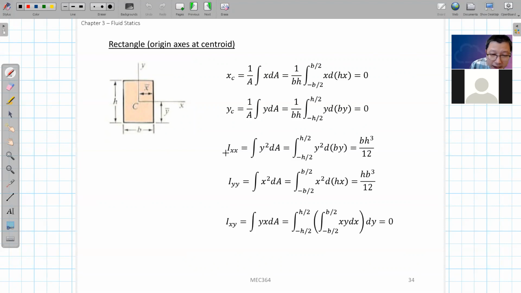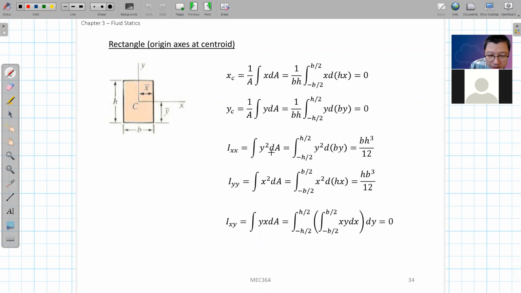Now let's calculate I, which is called the second moment of area. You have two indices below, x and x. This means how you calculate this moment with regard to which axis. I want to calculate the second moment regarding the x-axis. The distance to the x-axis is y, so that's why we have y squared here.